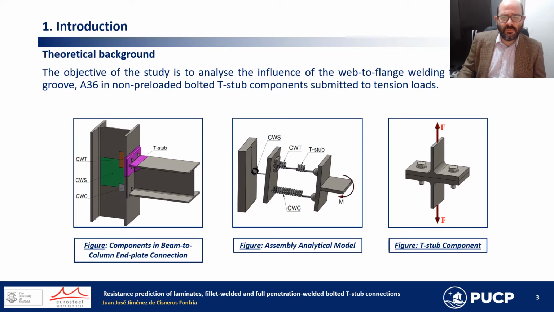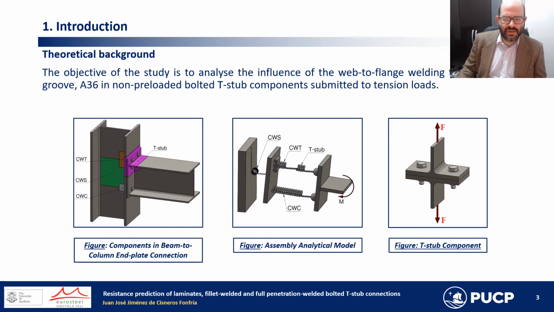The component approach considered in Eurocode provisions assumes any joint as a set of individual basic components, characterized by their mechanical properties of strength, stiffness, and ductility, depending on the position and the geometry.